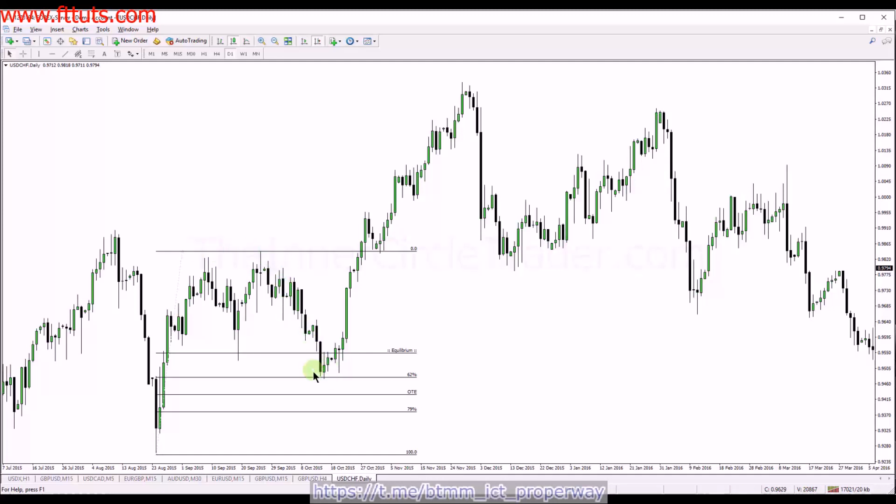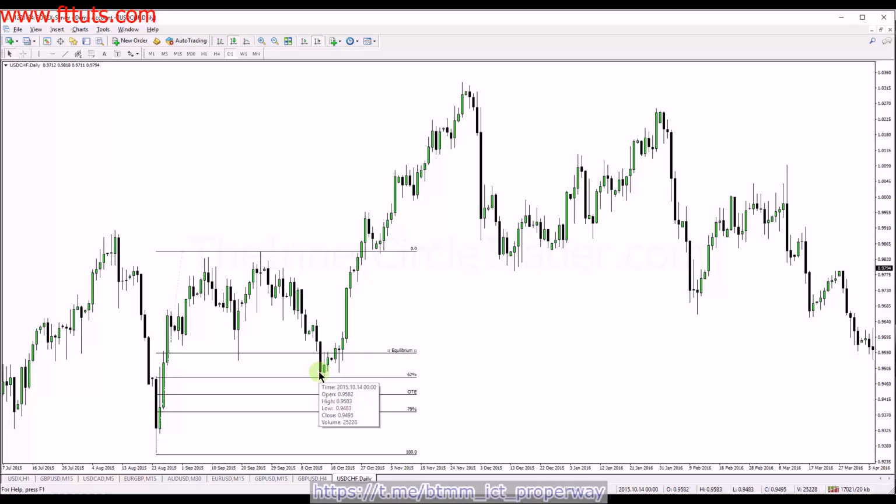Okay, went back down into equilibrium again and went to a discount below 50% of the impulse price swing. That is now at a discount. So the market from the banking perspective is that this now is at a discount. It is allowed to be bought.